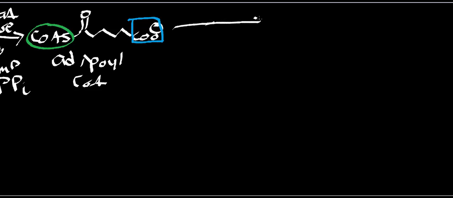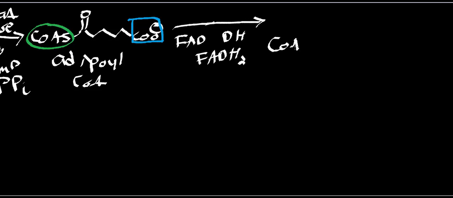So in this next reaction, essentially we're just going to use an FAD-dependent dehydrogenase. And so we're going to end up with FADH2. And like I said, it's more of an exercise in beta oxidation. So we're going to find that it's virtually identical, except for the fact that the substrate's different.